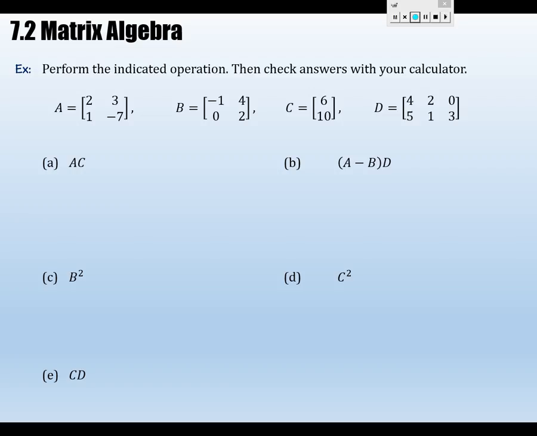Negative 63. No, wait, no, negative 54. Yeah. No, wait, no, it's negative 63. Do you want to do that one? Where are you?